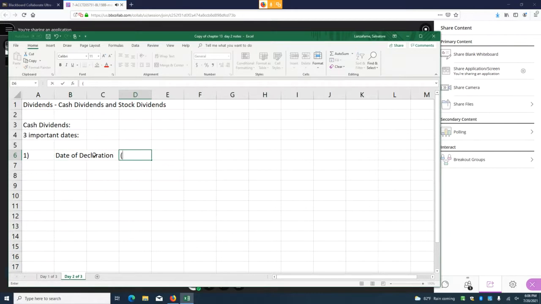This particular date will require a journal entry on behalf of the company. The second one is called the date of record. And for this one, there is no entry. This is just an FYI.